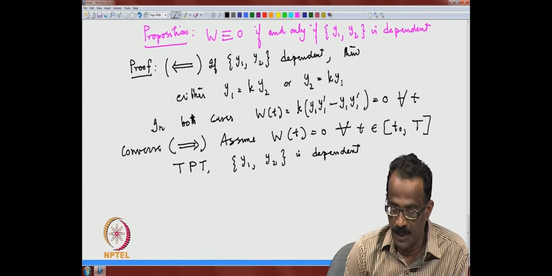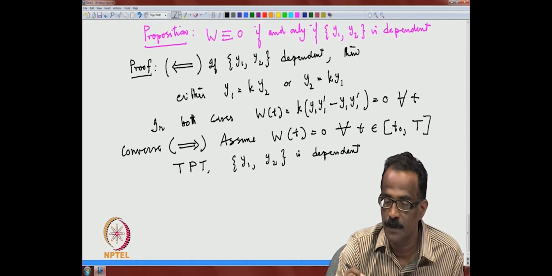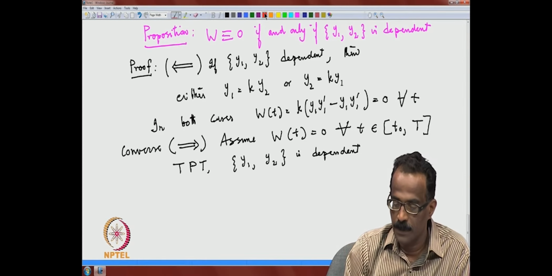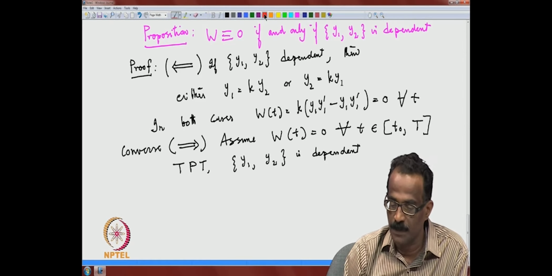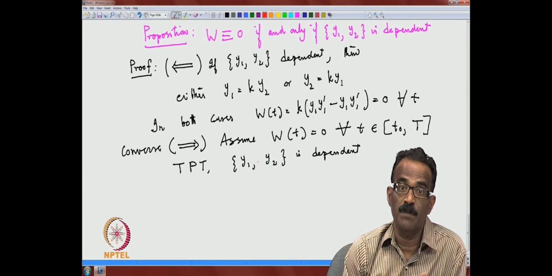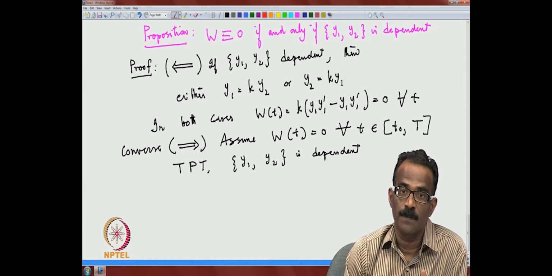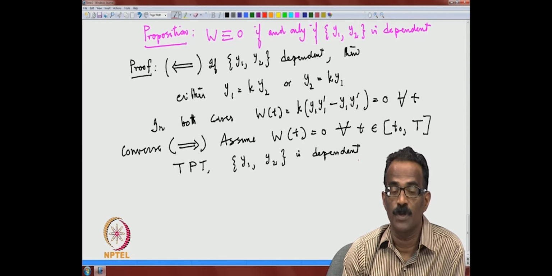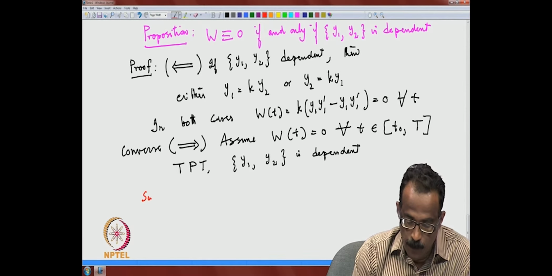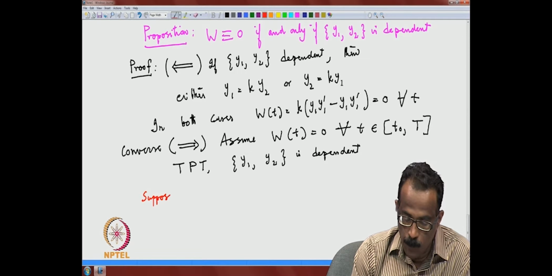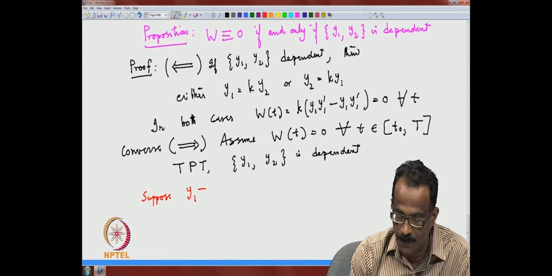So, how do we proceed? Let us proceed slowly, not very difficult. The proof: suppose one of them is identically 0, then there is nothing more to prove. Suppose y1 identically 0.